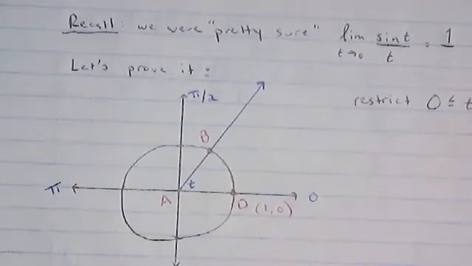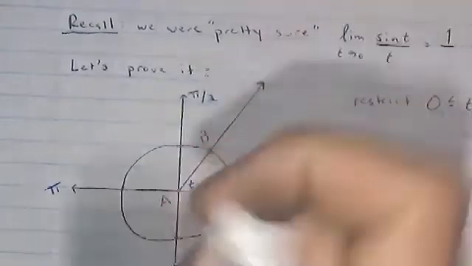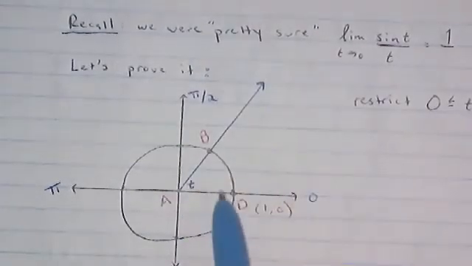Not X and Y. There is an X coordinate, there is a Y coordinate, but we can be more specific than that. What is the unit circle usually used in relation with? Cosine and sine.